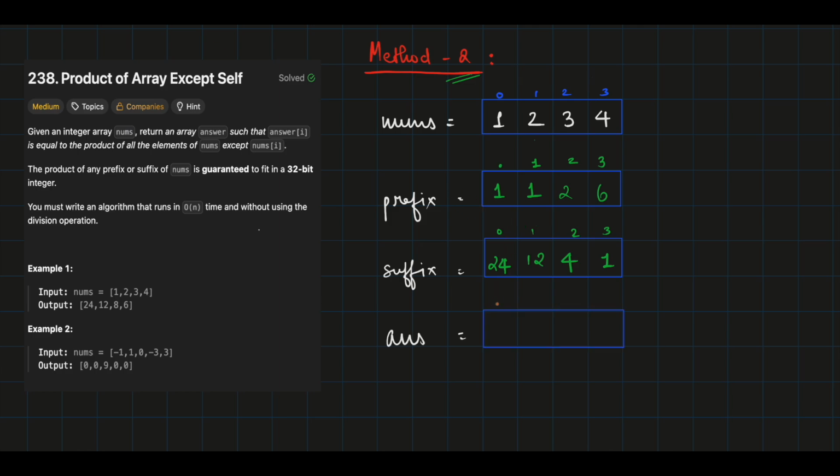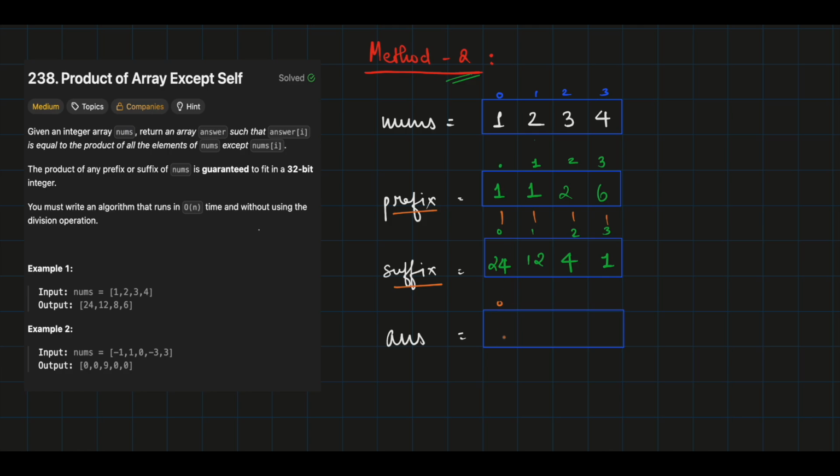So for storing the answer, we will be traversing on prefix and suffix, and we will be multiplying the values at every index. So we will be multiplying this, this and this. So answer at 0th index will be suffix of 0 multiplied by prefix of 0.